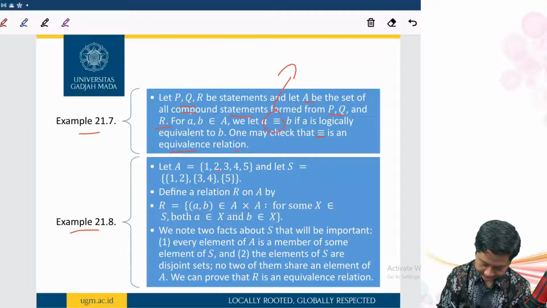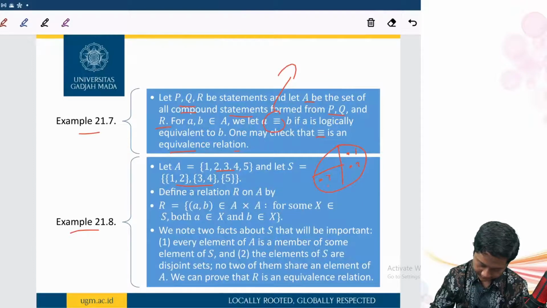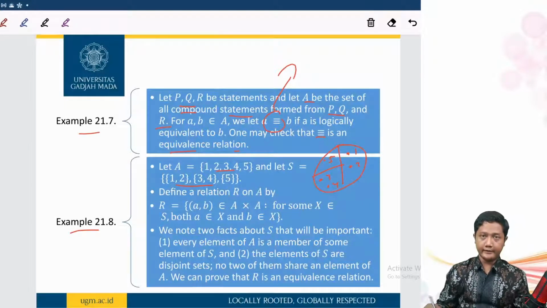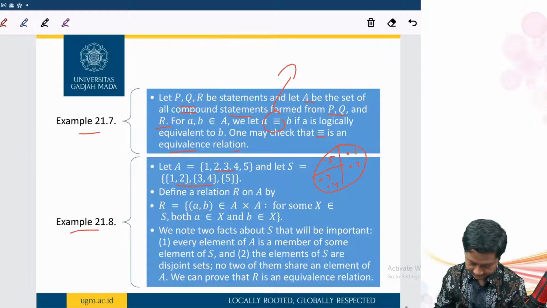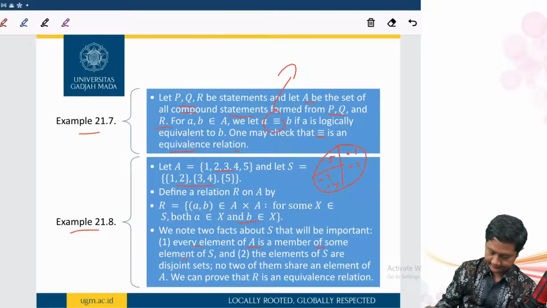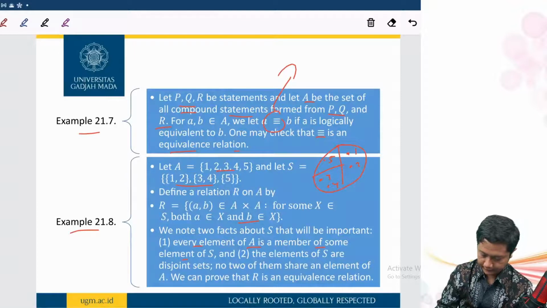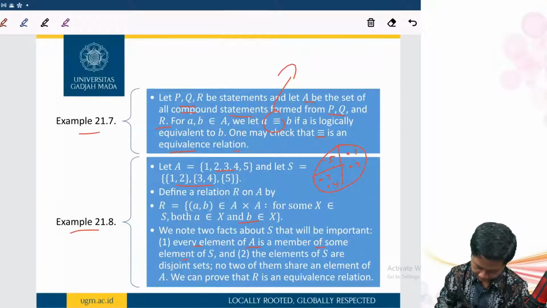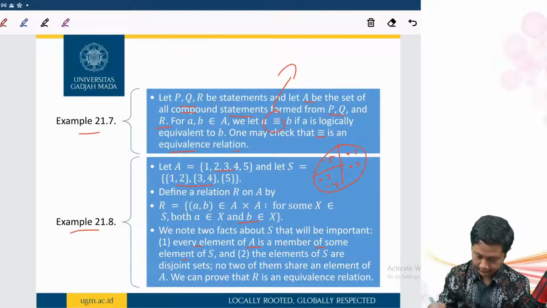Okay, next example, example 21.8. We have this set, and again, to make it easier, we see it like this: 1, 2, 3, 4, and 5. When they are in the same blocks, then they are related. And we know that every element of A is a member of some element of S, because we have 3 blocks here, and every element belongs to one of them.